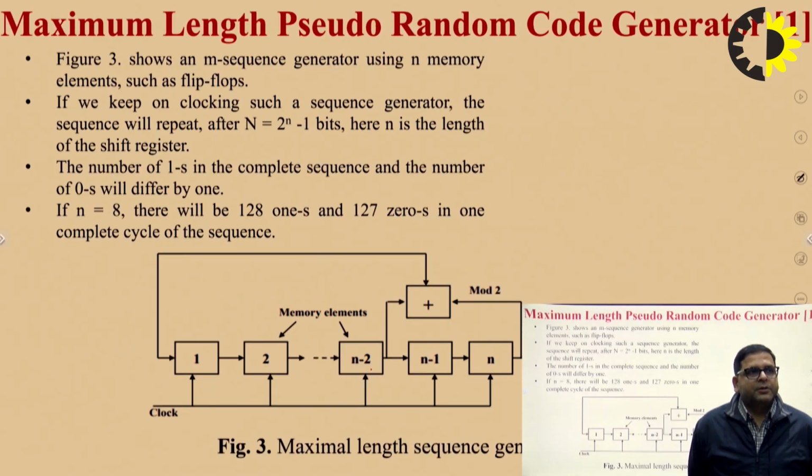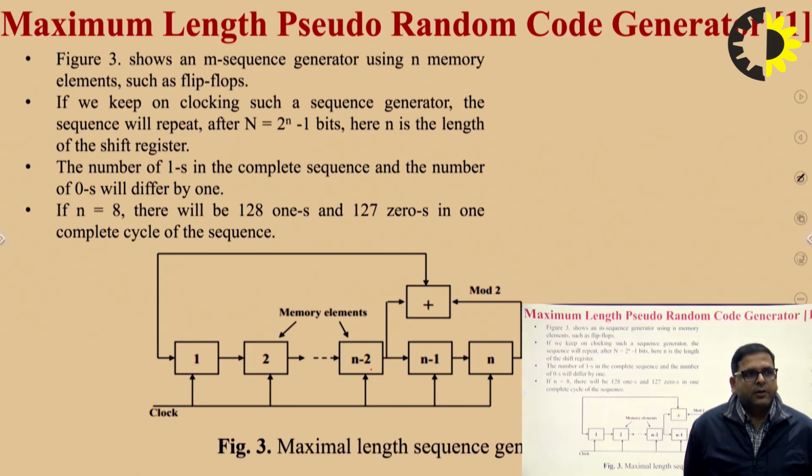So, in a maximum length sequence, the 0 state is not permissible. That's why the period generated by the maximum length sequence is restricted to 2 raised to the power L minus 1.